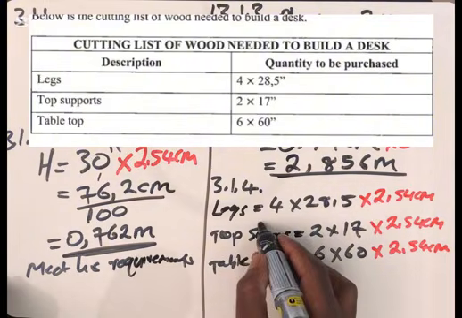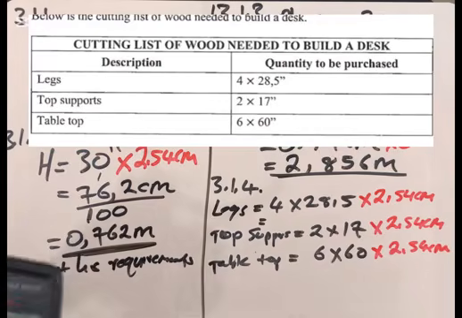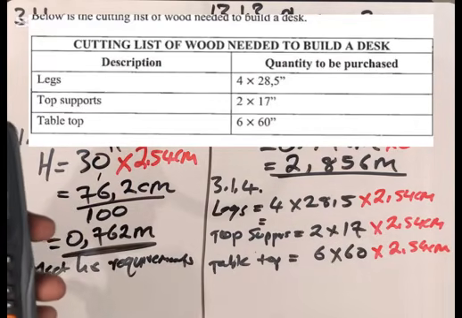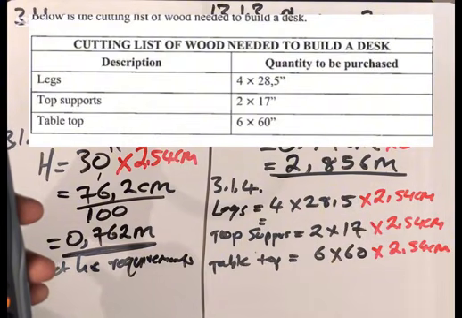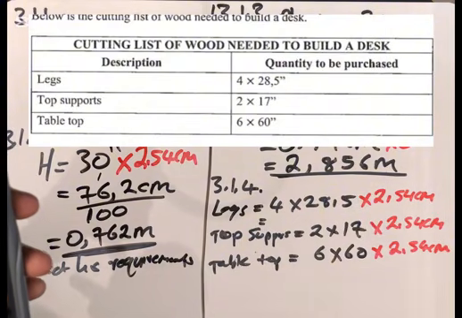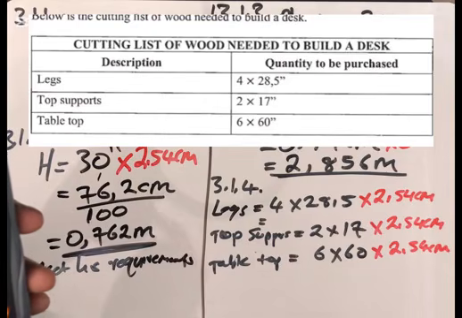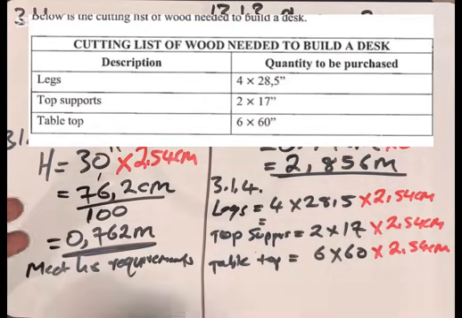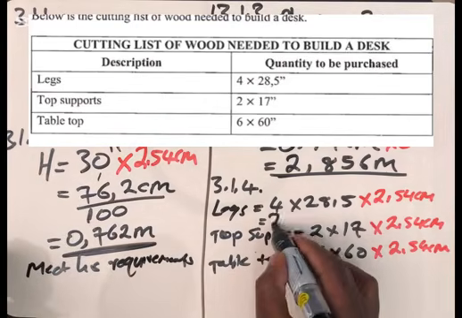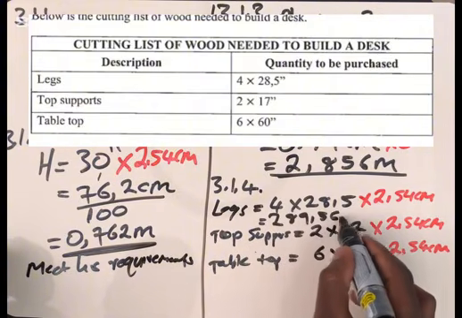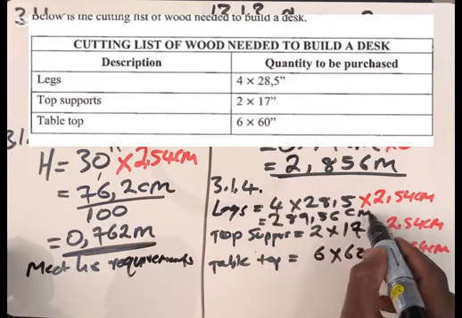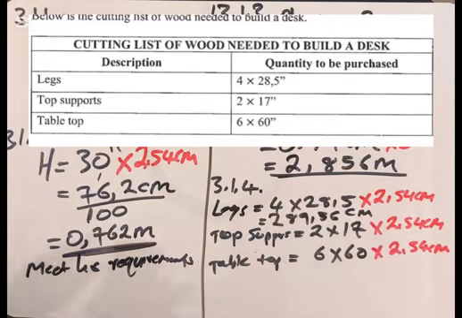Let's do the calculations. We start with the legs. It's going to be 4 multiplied by 28.5 multiplied by 2.54. We found that it's 289.56 centimeters. The total legs is 289.56.